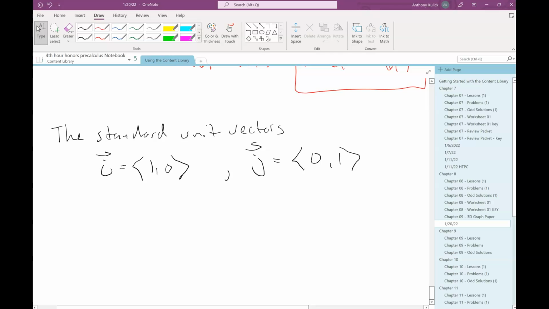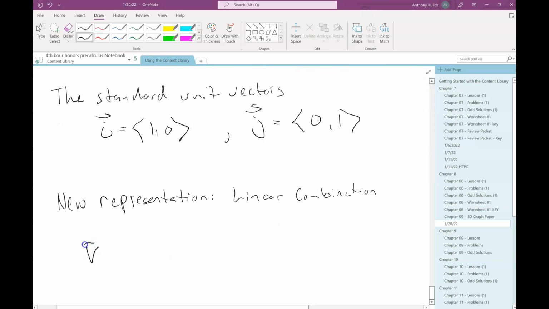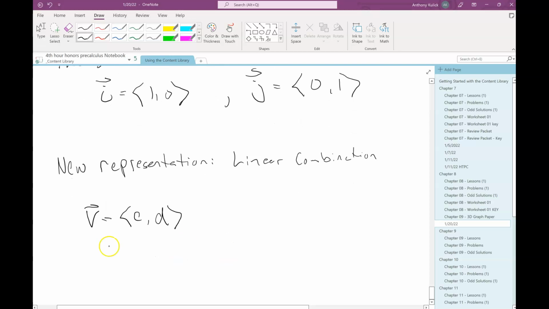The nice thing about these unit vectors is they unlock a new representation for a vector called the linear combination representation. So if I have the vector c, d, I can represent that as the vector c, 0 plus the vector 0, d.